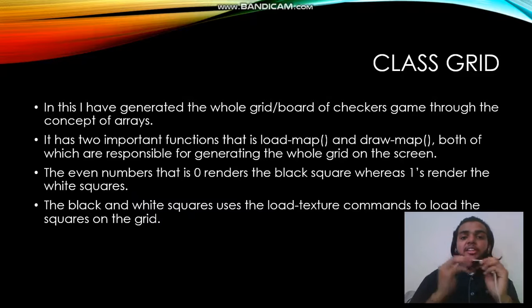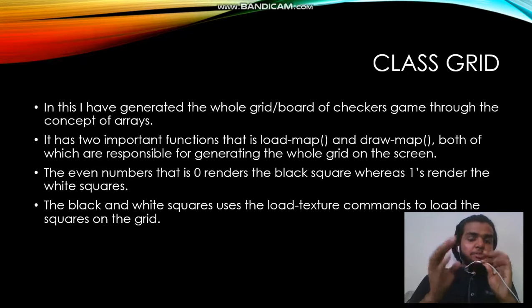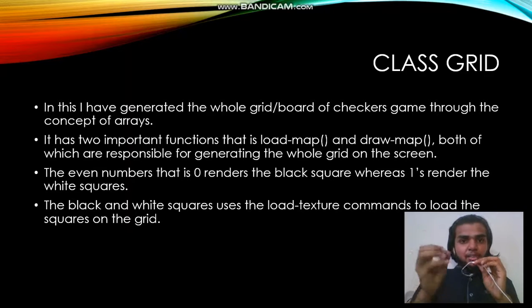In this I have generated the whole grid of this game using the concept of arrays. I have used two 8x8 arrays and two for loops. The first loop runs while i is less than 7 for the rows and the second for loop is for the columns.